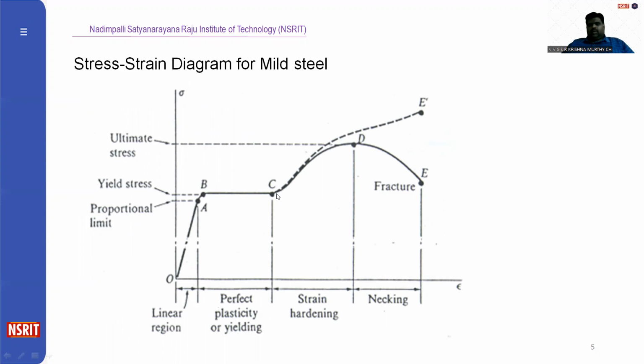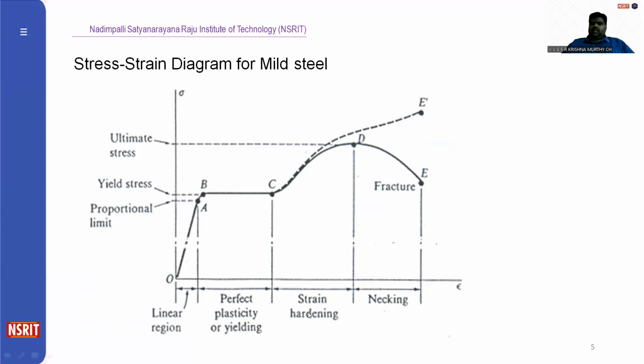After that, it goes to a point called strain hardening, and with further increase of load, it goes to a maximum point, the ultimate stress. Up to that position it will be okay; after that, at any moment there may be a chance of failure.